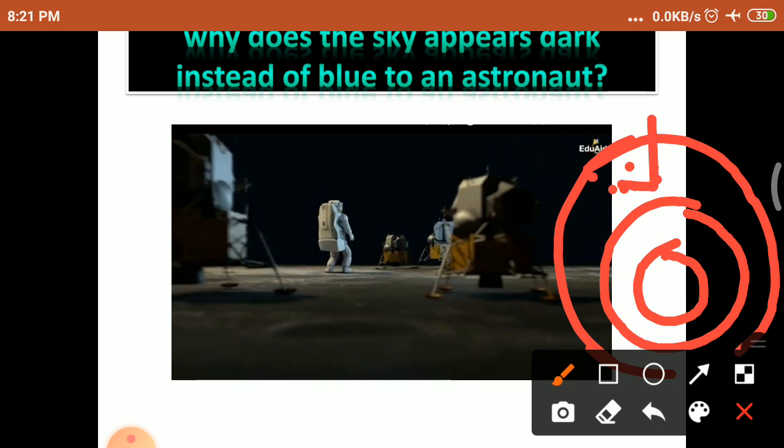That means vacuum. In atmosphere consisting of air, so this is not vacuum, but after a certain height there is no atmosphere. That means the space has a vacuum. If there is no particle means when the sunlight enter into that space, there is no scattering. If there is no scattering means the sky appears only in dark.